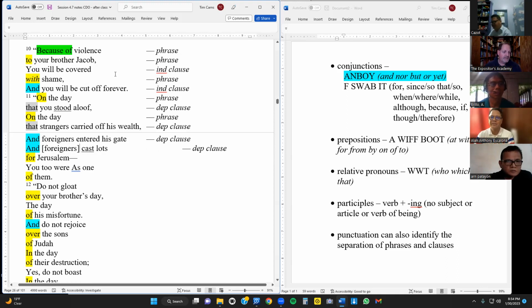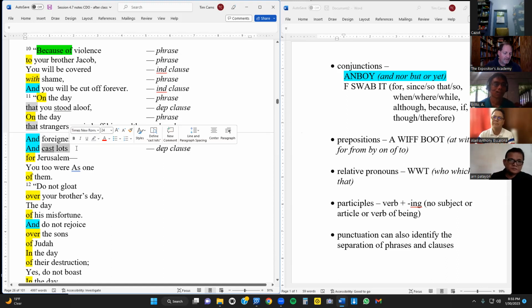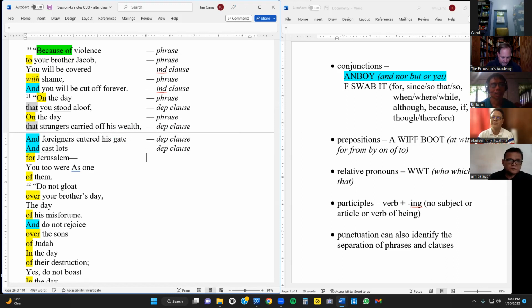Yeah, it's the same subject as the previous clause, right? Sometimes you don't have to put the subject twice. So it's foreigners entered his gate and foreigners cast lots. In this case, foreigners was not written, but that's the subject. All right, and because this is a dependent clause, therefore this will be a dependent clause. Very good. For Jerusalem, phrase or clause? Phrase, sir.